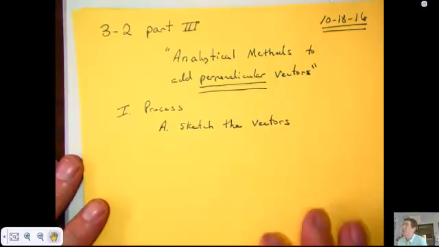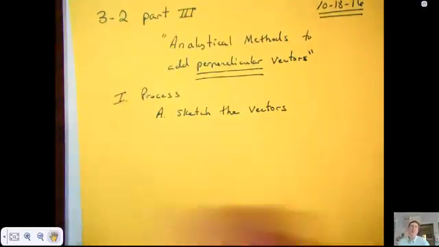Right now we're not going to draw them so much to scale, so you don't necessarily have to have a ruler and protractor. Just sketch them out. I would still try to draw, if one's twice as long as the other, draw it twice as long. So sketch the vectors.